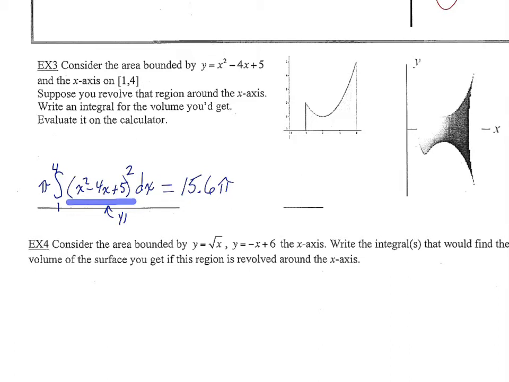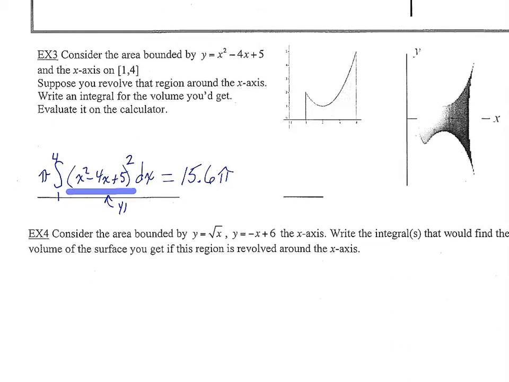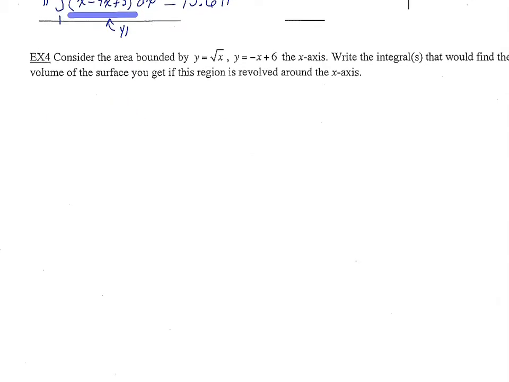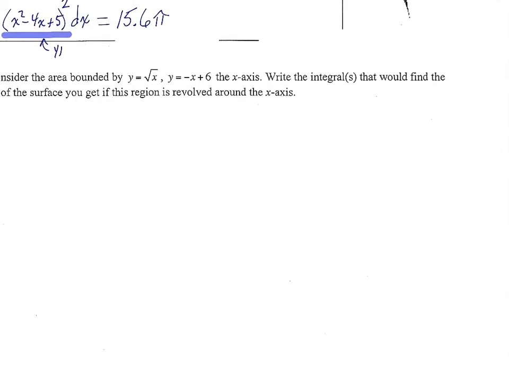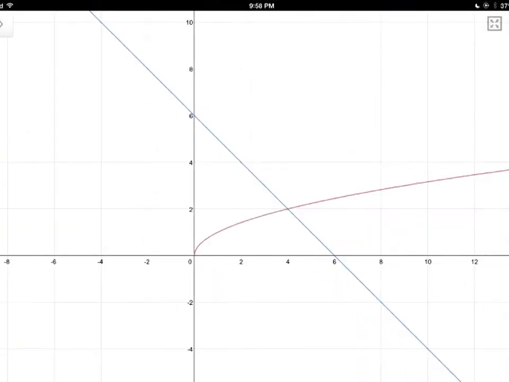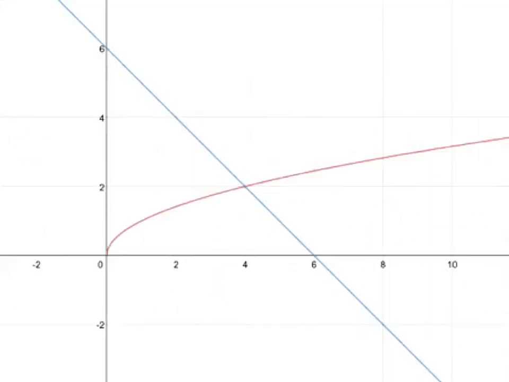Okay. Last example. Example 4. We're going to consider the area bound by these two functions, y equals the square root of x and y equals negative x plus 6. I have here those two functions graphed.